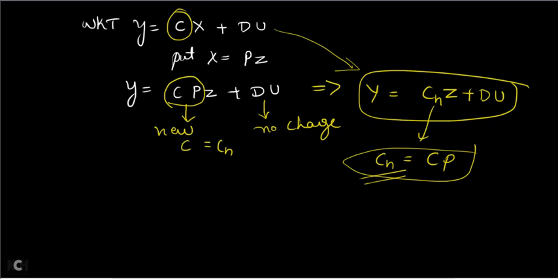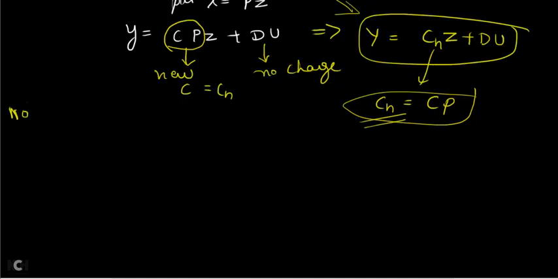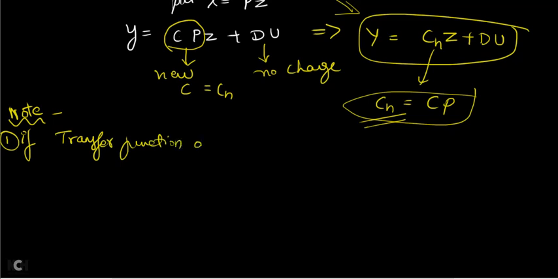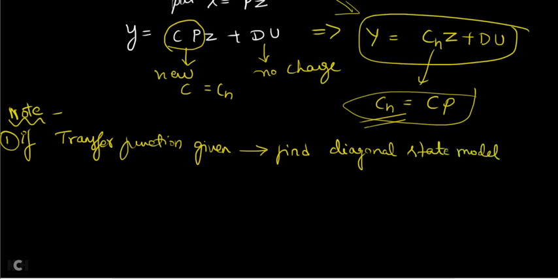When do you have to use which method? In the problem, note number 1: if the transfer function is given to you and they ask you to find the diagonal state model, then you have to definitely use the previous method.